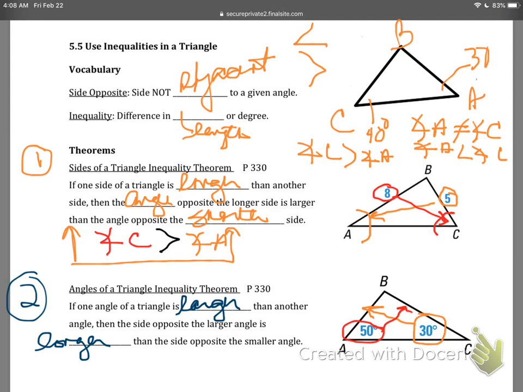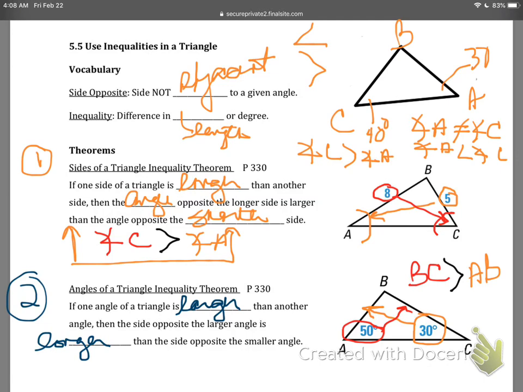So which is the larger angle? That's angle A. So the BC length is going to be greater than the opposite of the 30-degree length, which is the AB length, and we'll do that again in orange. So BC is going to be greater than AB, and I know that because of the angles of a triangle inequality theorem.